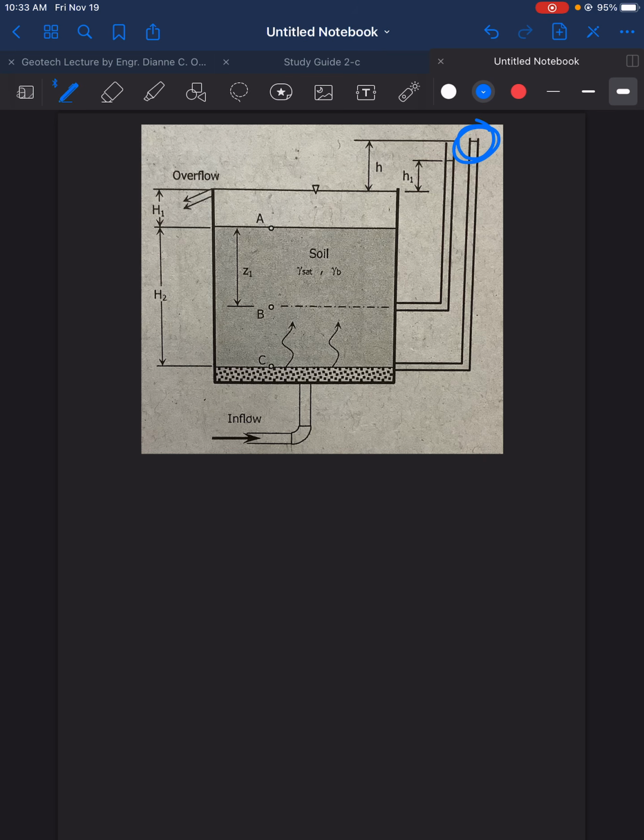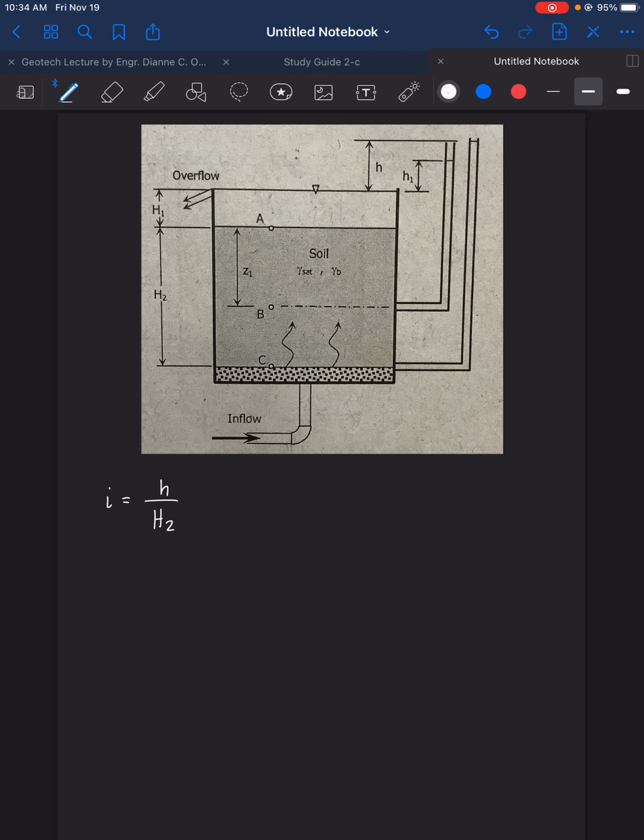So from this water level of this tube attached from the bottom and the water level at this portion, we get here the value of H. So the hydraulic gradient i of the entire system is equal to H divided by the total height of the soil, H2.